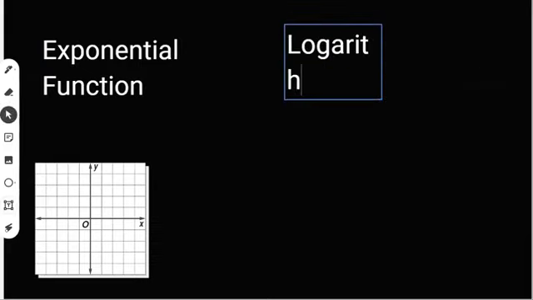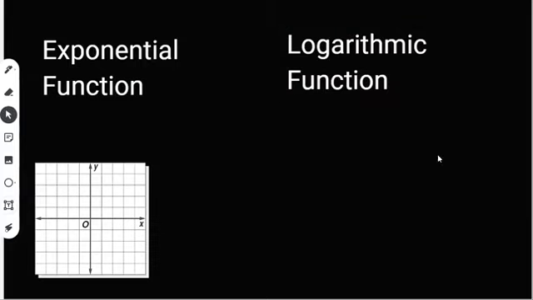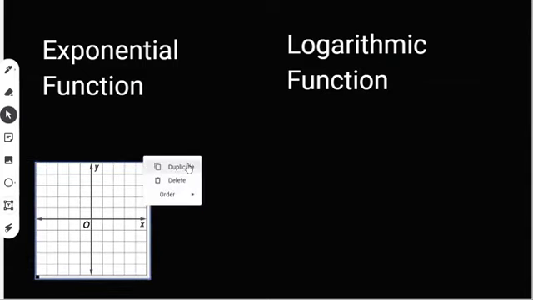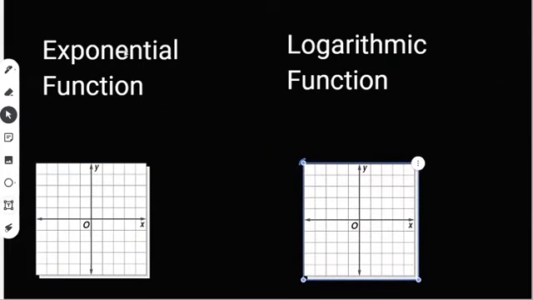And then let's talk about the last function over here, the logarithmic function. These two are kind of like the yin and the yang. And what I'm going to do is I'm going to copy this. Perfect. Okay. So these are two different types of functions, but what you'll notice about these is they are opposites of each other or inverses of each other.